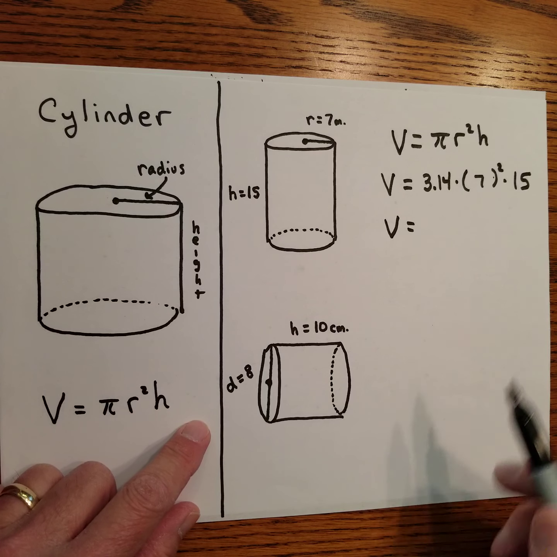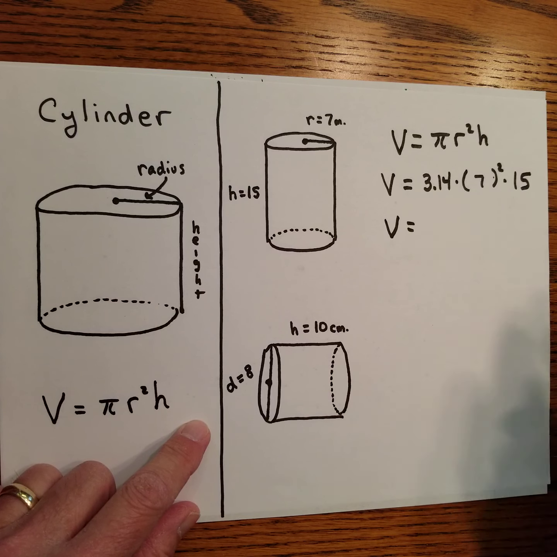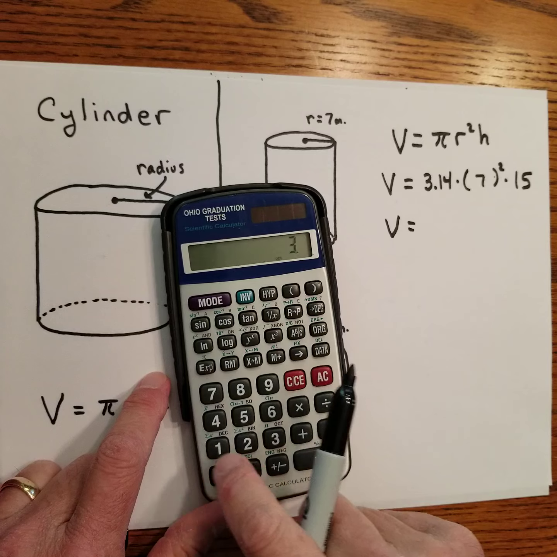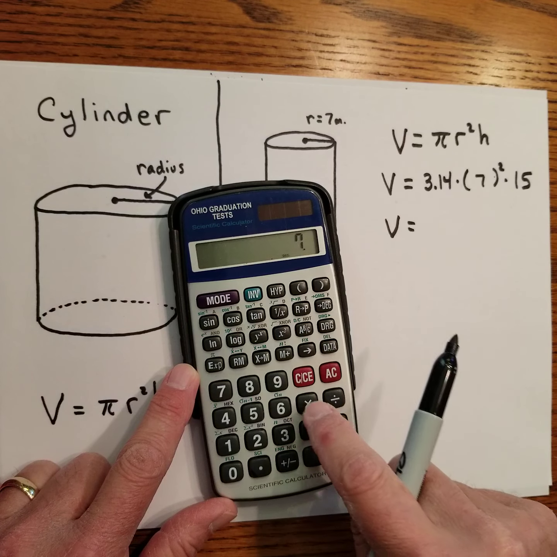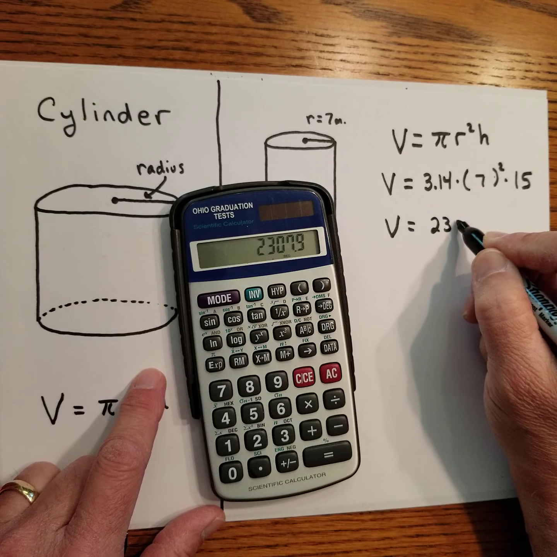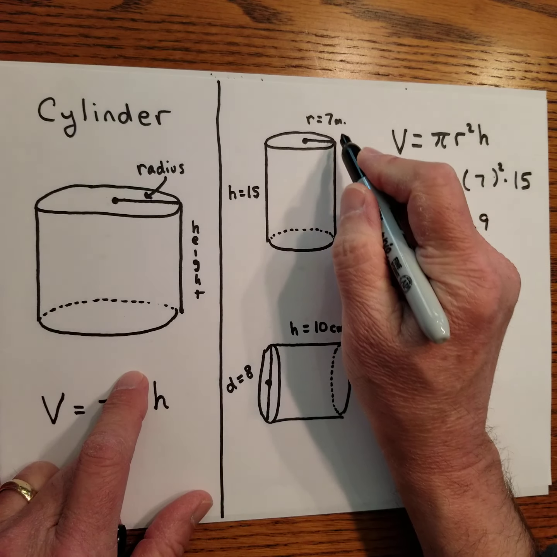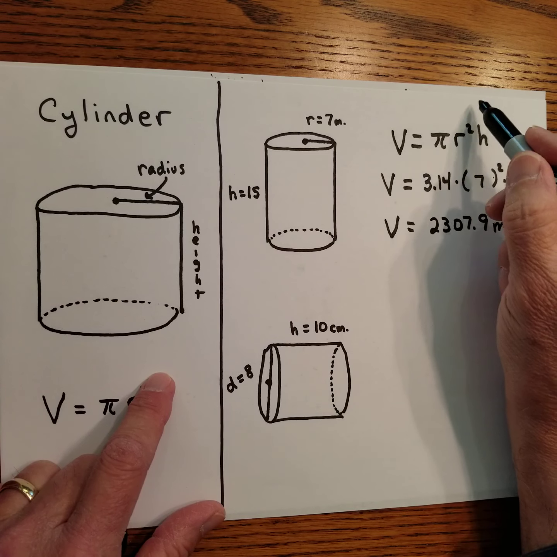On my calculator, that's 3.14 times 7 times 7 times 15. That's 2,307.9. This problem was in meters, so I'll label that as cubic meters.